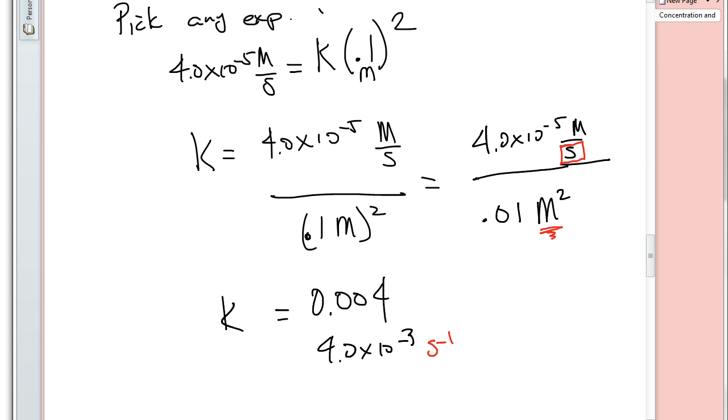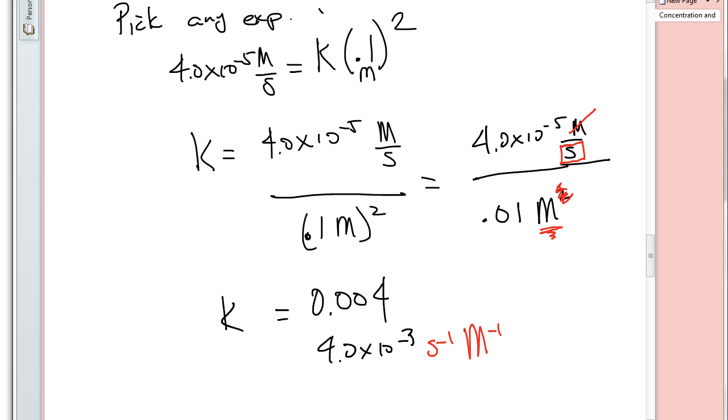So I'm going to cancel out the molarity in the numerator, and cancel out one of the molarities in the denominator because we only had one molarity on top. So now we have molarity -1st. So it's going to be seconds -1st, molarity -1st, or molarity -1st, seconds -1st. The reason why it's -1st is because it is a denominator in this fraction.